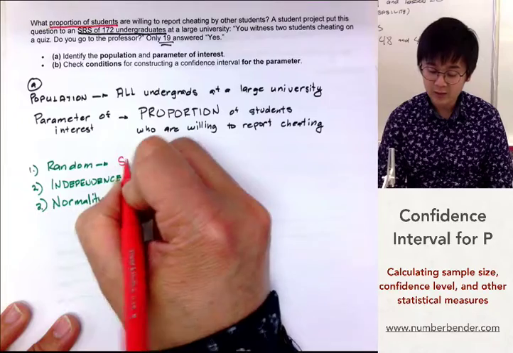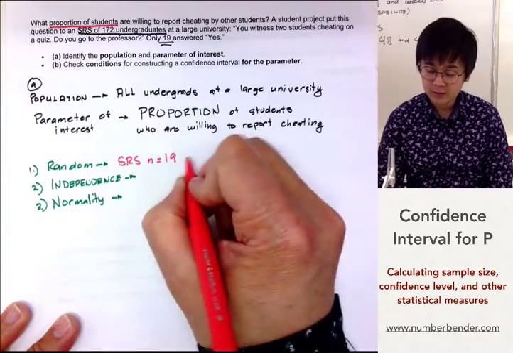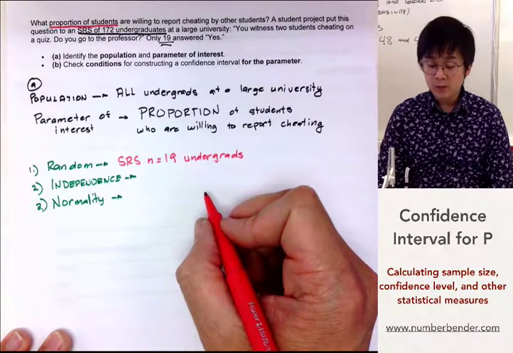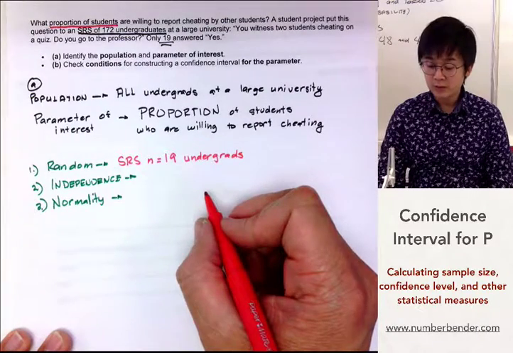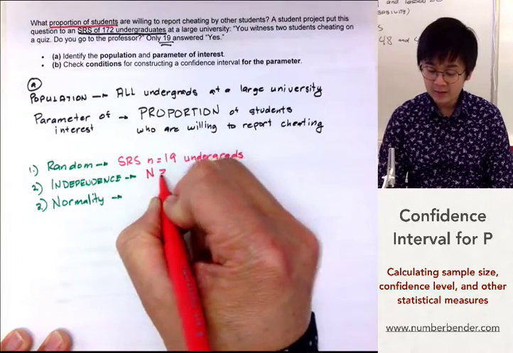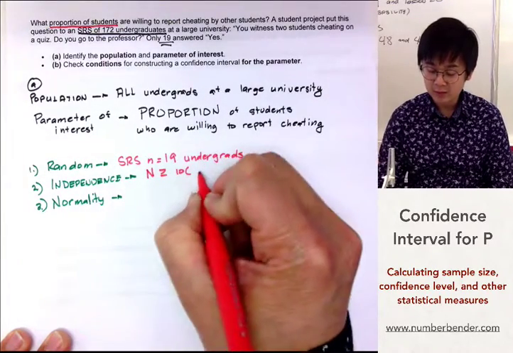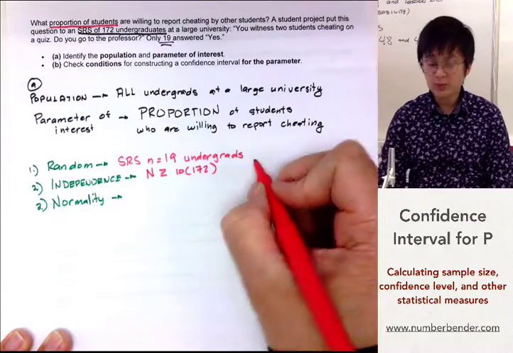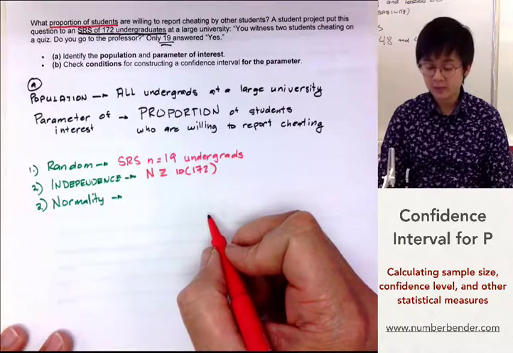And for independence, since the population will be all students at a large university, we can assume that N is greater than 10 times the sample size of 172. So these two conditions are easy to satisfy.